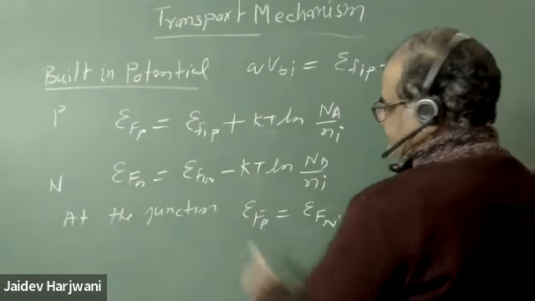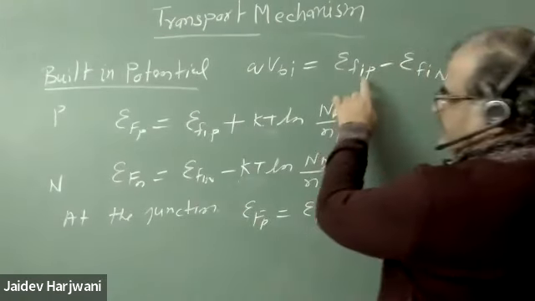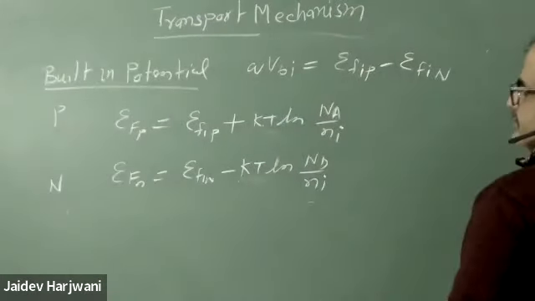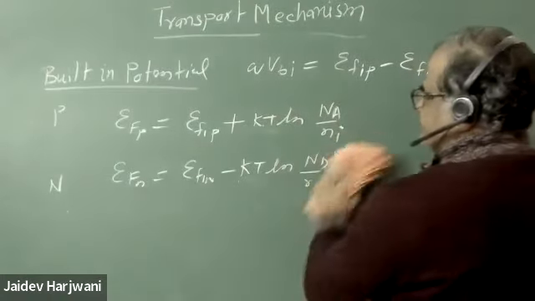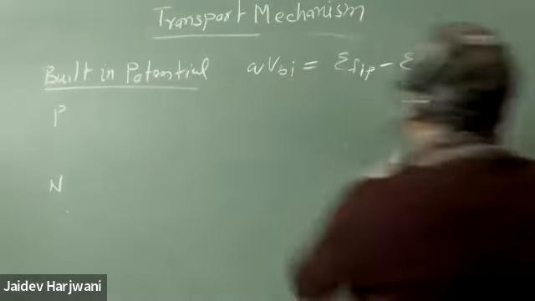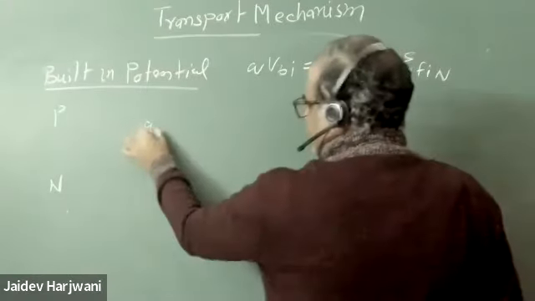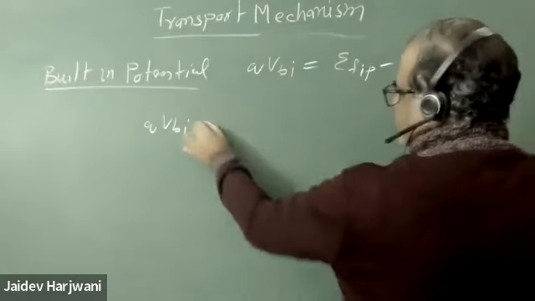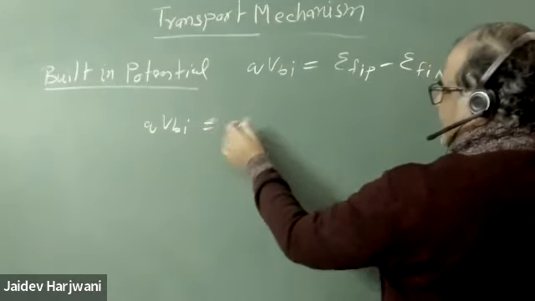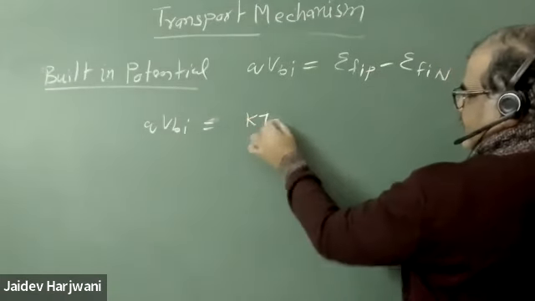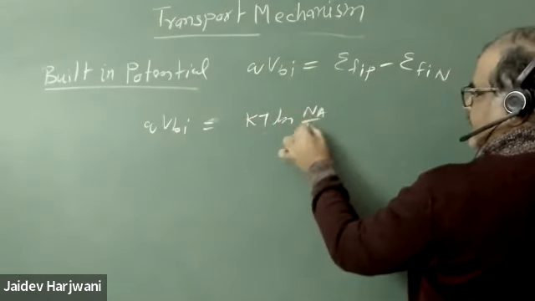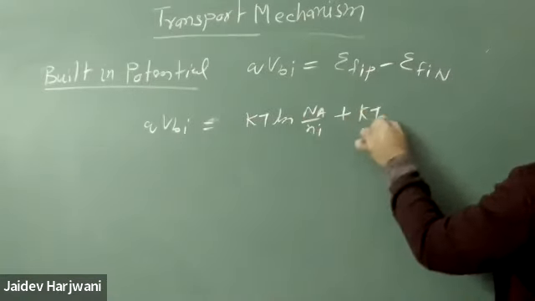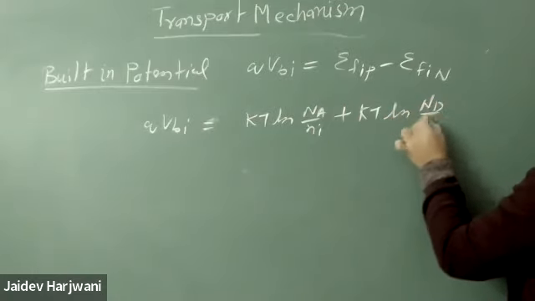So if you put the value of EFP, it is EFi plus KT ln Na upon Ni, and then minus EFi plus KT ln Nd upon Ni.